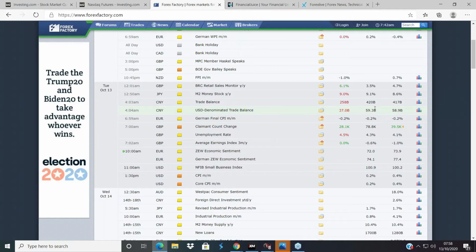And usually these numbers are fairly comfortable for the economy. This has come in a lot lower, quite a miss, which tells you that obviously the export market has not been performing as strongly as it has been, quite understandably, given what we're going through at the moment. But I think the market's quite surprised about that.